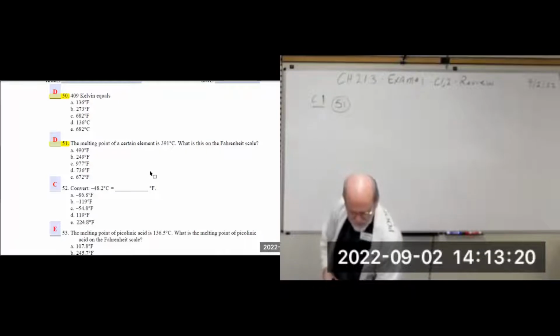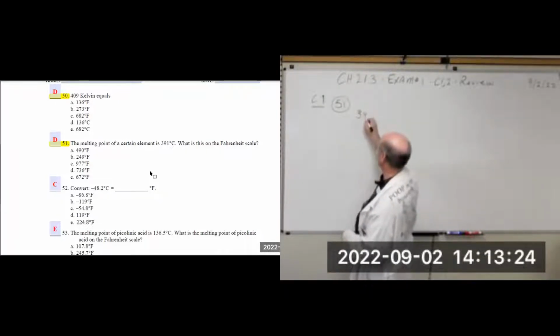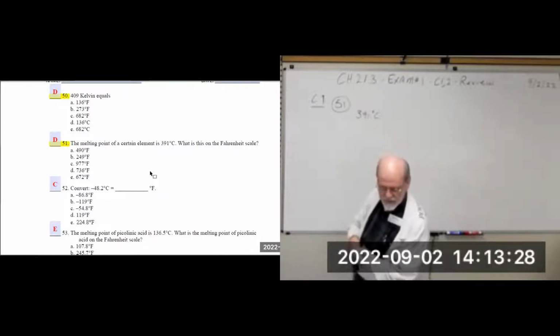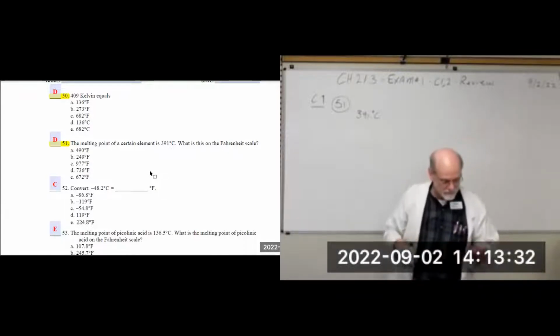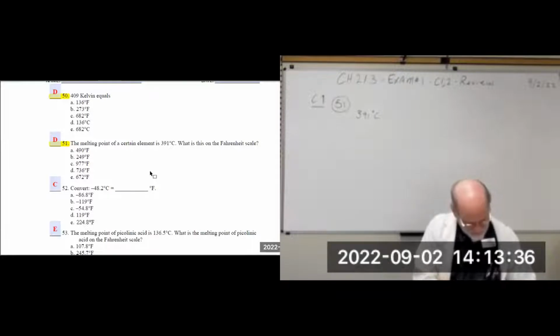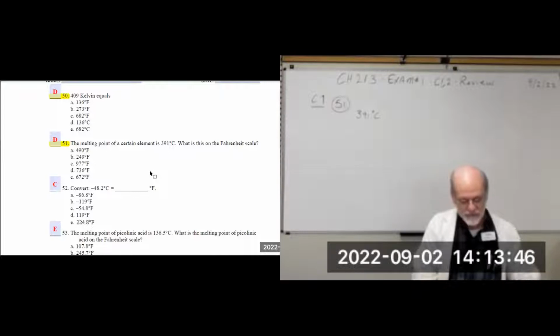The melting point of a certain element is 391 degrees Celsius. 391 Celsius. What is this on the Fahrenheit scale? Okay. There is a page of useful information in the back, and it does have the formula for converting Celsius and Fahrenheit.